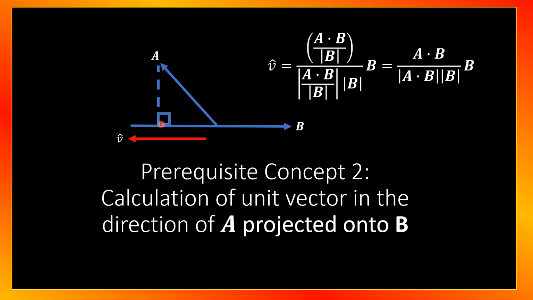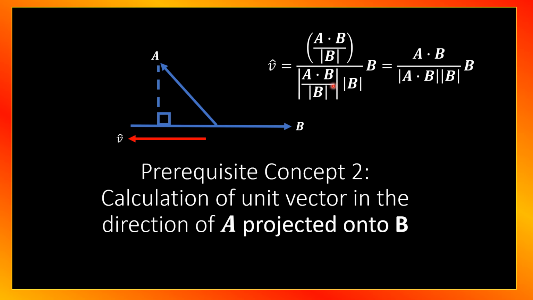So in order to maintain that directionality, we're going to divide by not the magnitude, but the absolute value, since it's a scalar, of A dot B over magnitude of B. And that's going to give you a positive or a negative sign. If it's a positive sign, it's going to be in the direction of B. If it's a negative sign, it's going to be the opposite of the direction of B. And whether it's positive or negative depends on the direction of A, which is what we want.